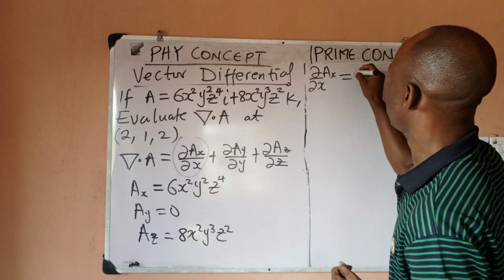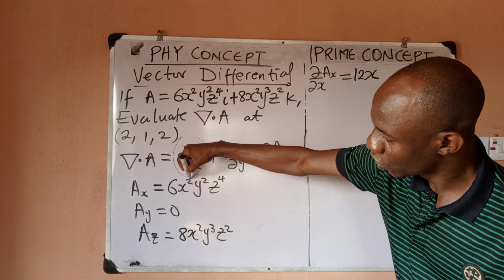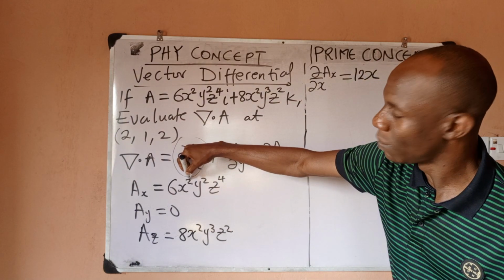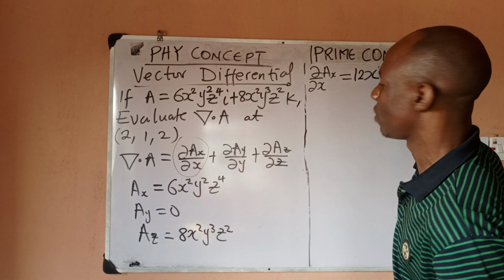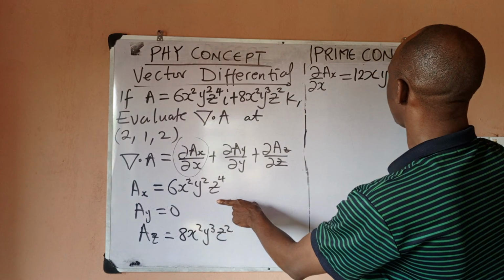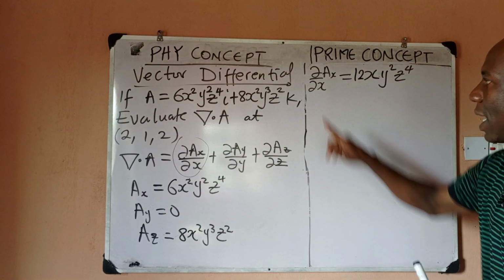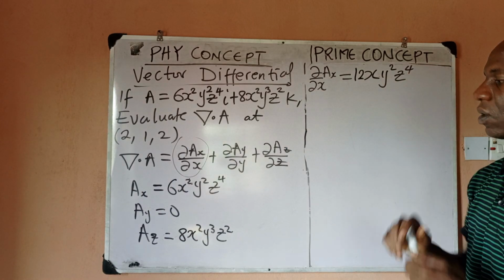It will give me 12. Then I have x. Remember, you're going to subtract 1 from the power. So 2 minus 1 is 1. And you don't have to write the power 1. Once it is power 1, you don't write it again. Then I'll write back y squared z to power 4 because I'm not touching them. I'm differentiating with respect to x, so I don't have to touch these two. That is what I have there.